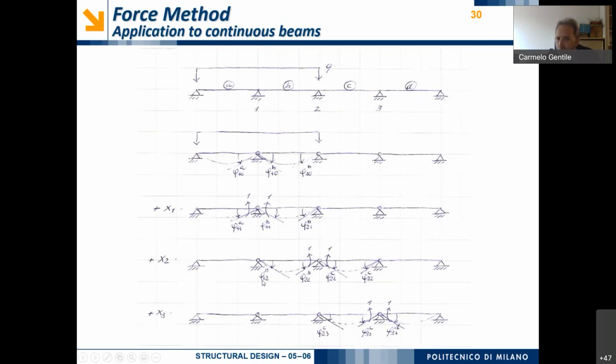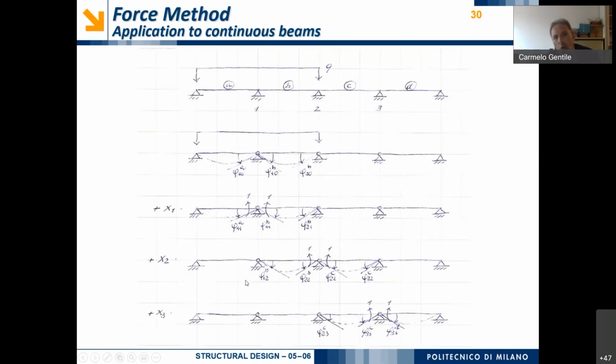The first subscript is related to the points, and the second subscript is related to the position of the unit bending moment. In addition, we have also a superscript which is related to the beam A, B, C, and D, corresponding to the beam to which the rotation belongs.